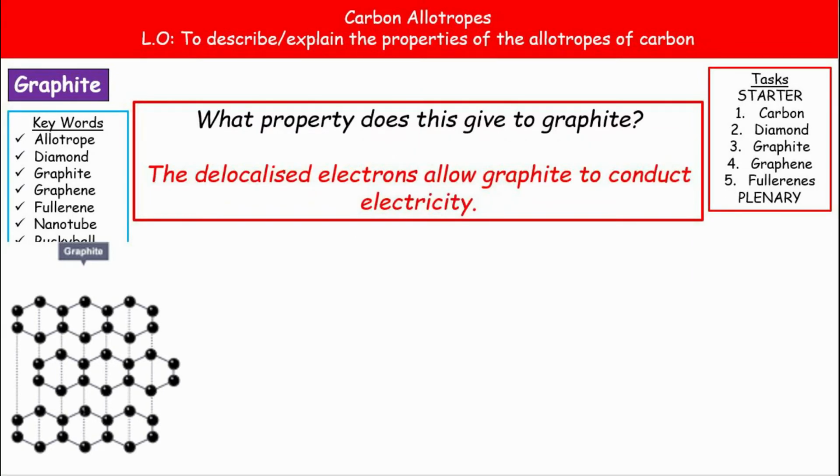Hopefully what we got is that because we have a delocalized electron, we can conduct electricity in graphite.